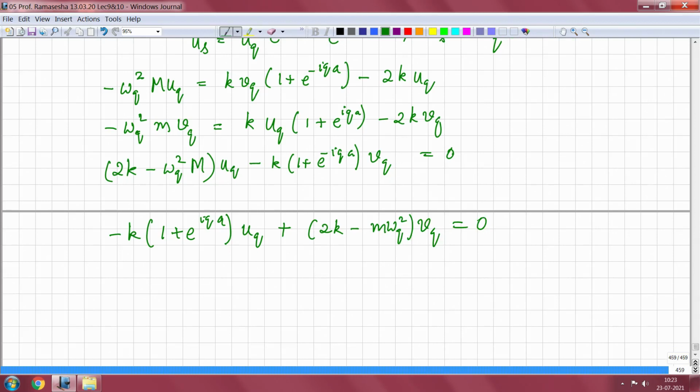So this is a set of simultaneous equations which are homogeneous. A solution exists when the determinant of the matrix is 0.